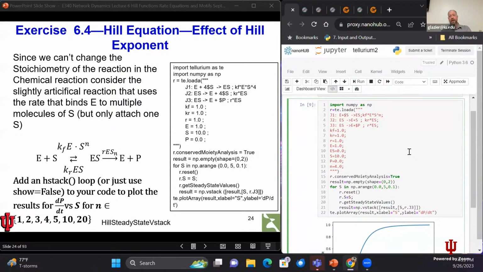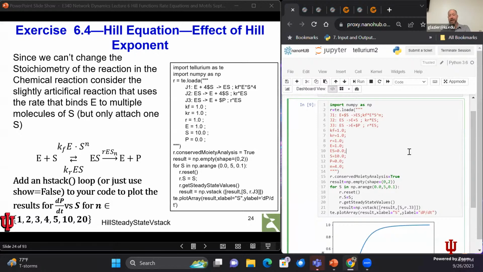I was saying at the beginning of class that one of the things that was frustrating was that you can't have a variable for the stoichiometry. In other words, we can't have that 4 in E plus S goes to ES be n times S. I talked about this with Herbert, and Herbert said, well, actually, 2 years ago, we complained about this, and they added it as a feature to Tellurium.